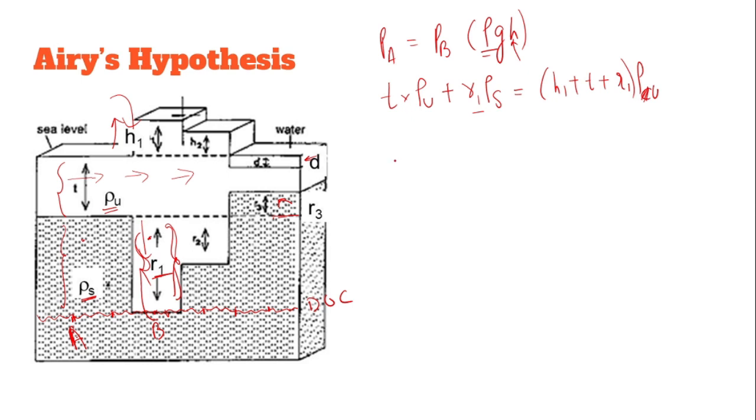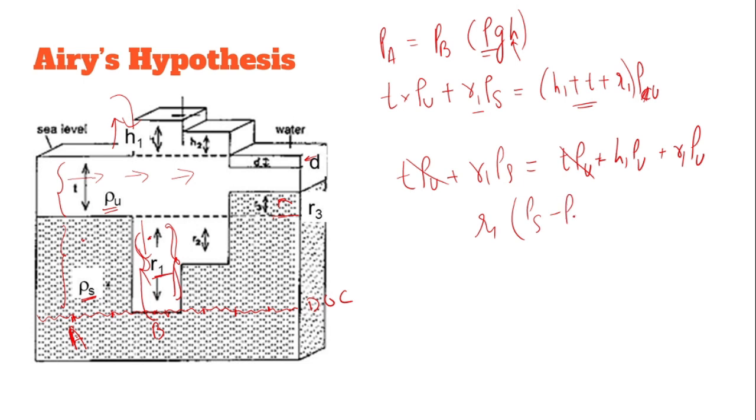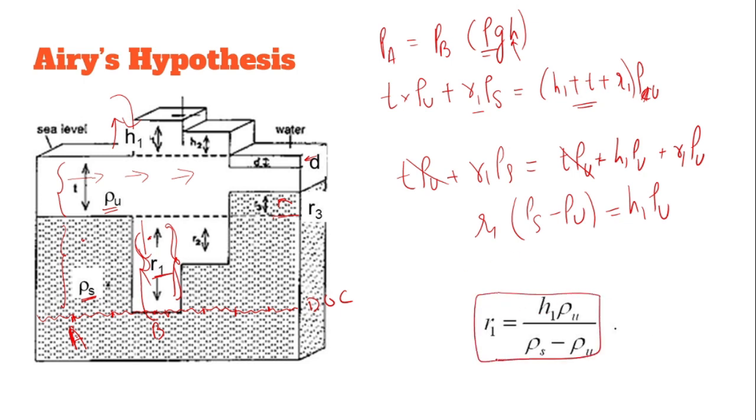If I break this down, I can write it as T into rho u plus R1 into rho s will give me T into rho u plus H1 rho u plus R1 rho u. Now this simply gets cancelled out. I can take R1 here. It will be rho s minus rho u is equal to H1 rho u. So after solving this, I will get the root of this mountain block as R1 equals H1 times rho u over rho s minus rho u, where rho u is the density of crust and rho s is the density of mantle.